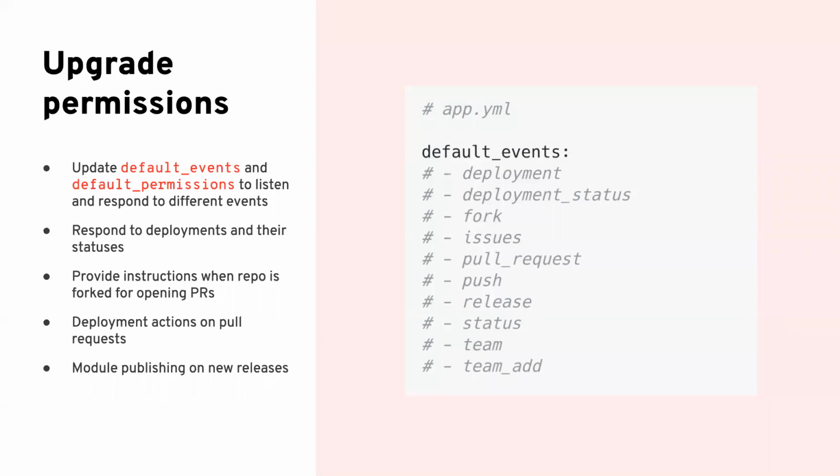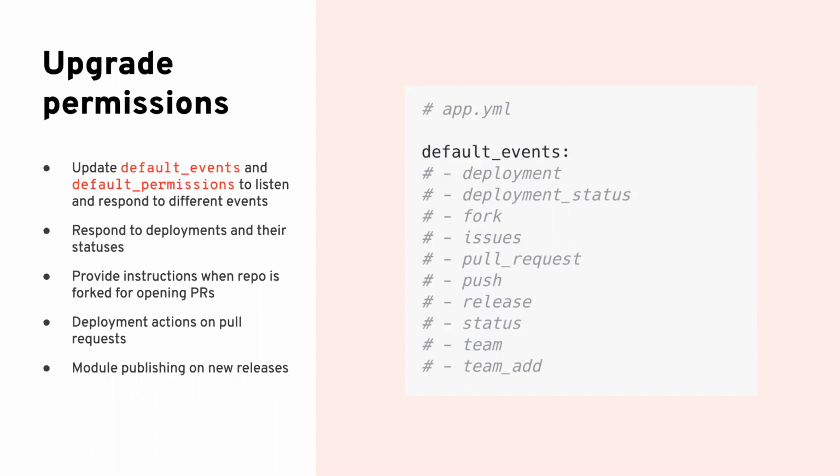You can modify those permissions and go into that app YAML manifest file and uncomment some of the additional events that are left inside that template or generated by Probot itself, uncomment them and add new default events that it listens for right there.